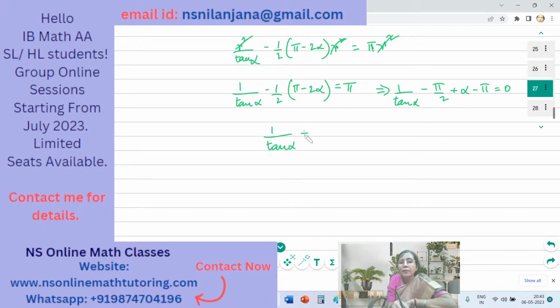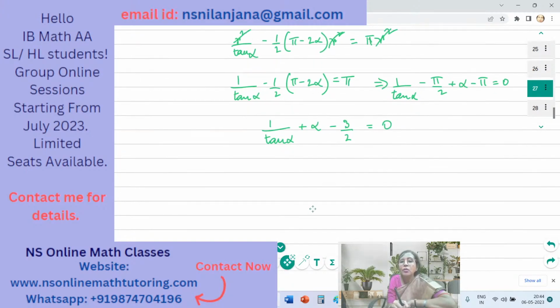So plus alpha minus 3 pi by 2 equal to 0. So you can graph this expression and get the zeros. Or else, I don't know whether you'll be getting multiple zeros or a single zero. We have to check.